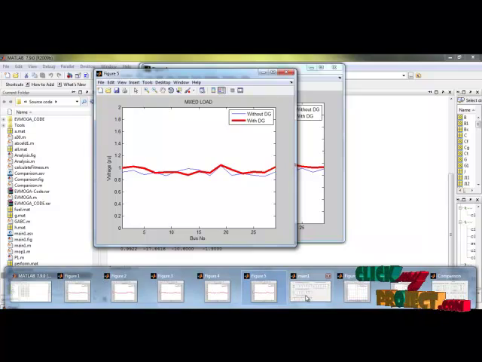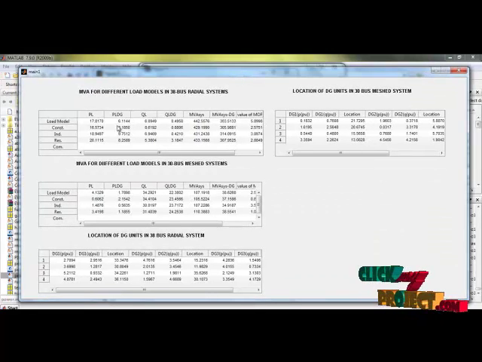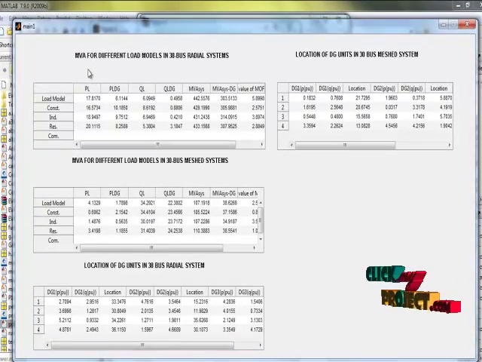Then MVA for different load models with different bus systems. MVA means megavolt ampere. Here we are calculating megavolt ampere for different bus systems. First one is the 38 bus radial system.